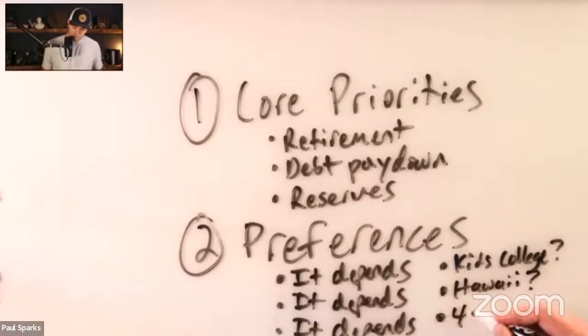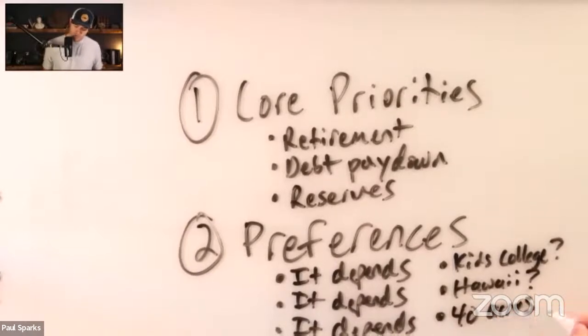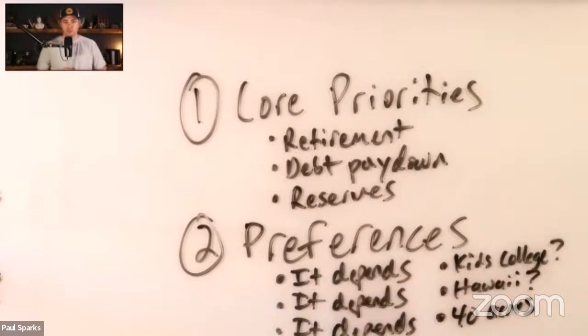Do you want 40 acres in the mountains? These are all preferences. What we know from the certainty operating system is none of these are right or wrong. This is a matter of preference. So we need to break our solvable problem into these 2 categories.